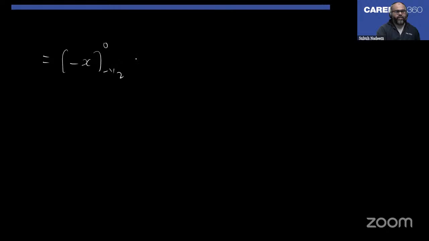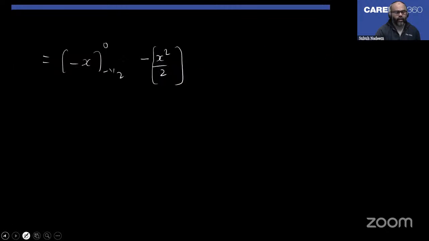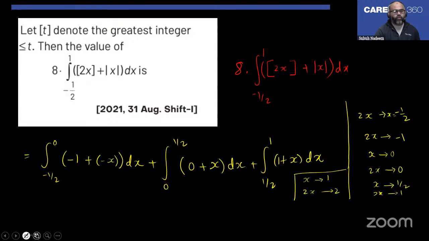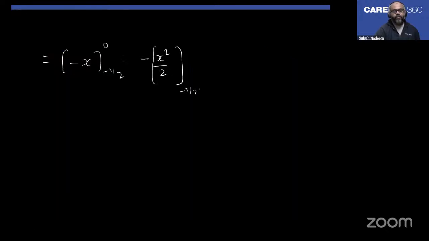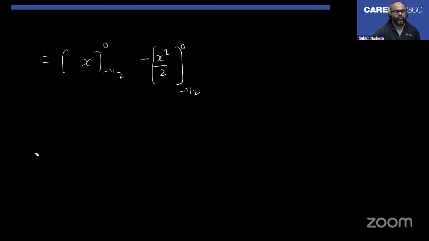The integration of this is minus x square by 2 from minus half to 0. Here also you can take this minus outside. Inside also you can keep it, but it is better to keep it outside.